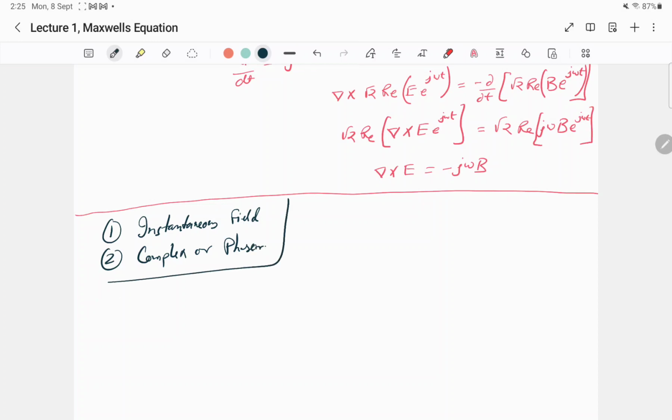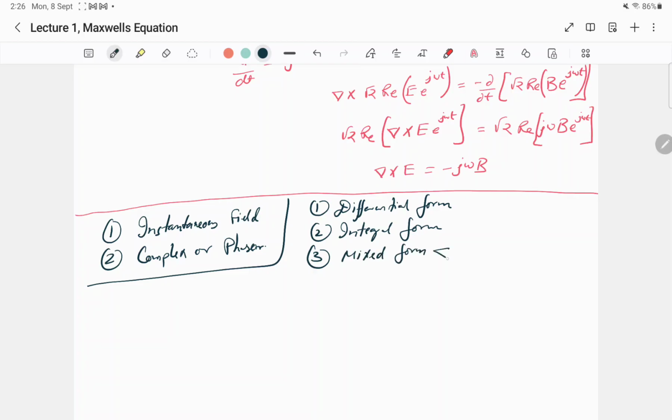Second, that Maxwell's equation can be represented in terms of differential form, it can be represented in terms of integral form, it can also be written in terms of mixed form, that is using both circuit quantities and field quantities, and fourth, entirely circuit form.